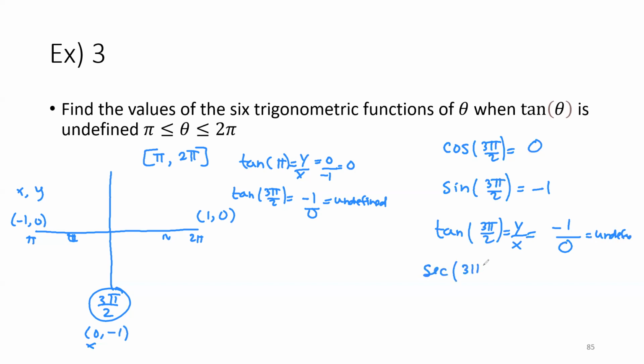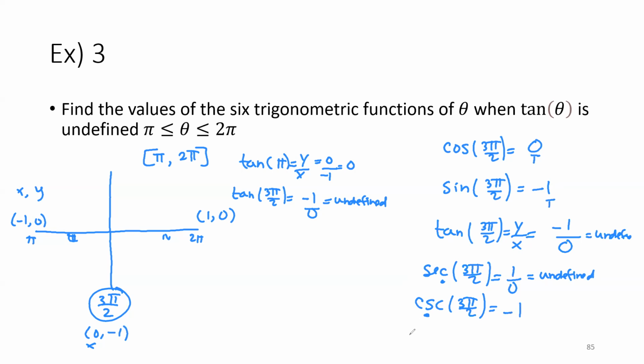Secant of 3 pi over 2 is, there's a c here, so it's just the reciprocal of cosine. The cosine is technically 0 over 1, so if you flip that, that's 1 over 0, which is undefined. And then we have cosecant of 3 pi over 2. There's an s here, so it's just the reciprocal of sine, which is -1 over 1, so that's just -1 still.